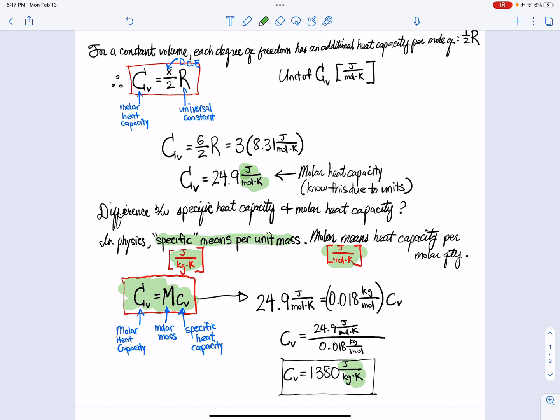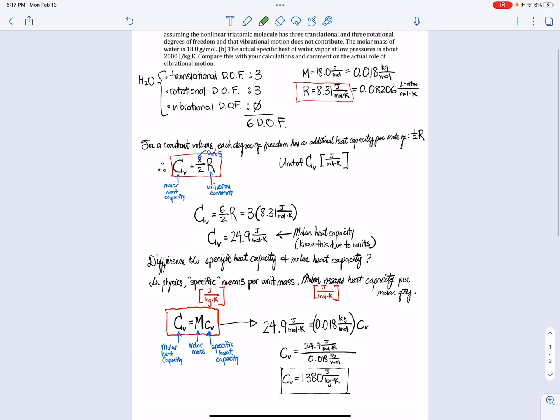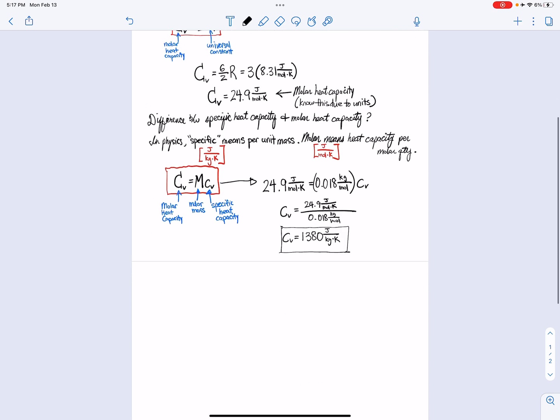So that is the relationship between molar heat capacity and specific heat capacity. Okay, I'll clean up my notes. All right, so moving on to part B. This was part A, and part B.